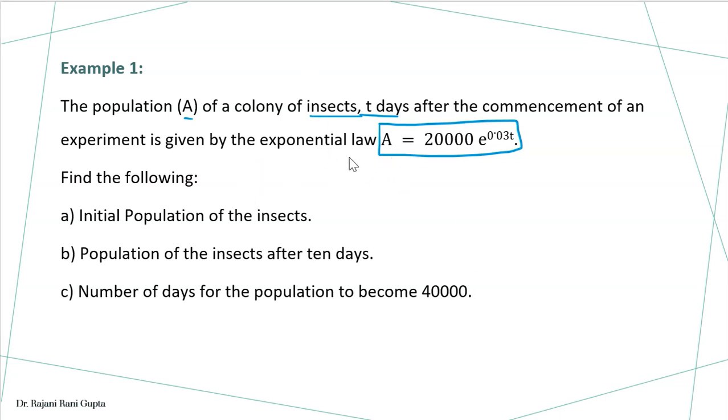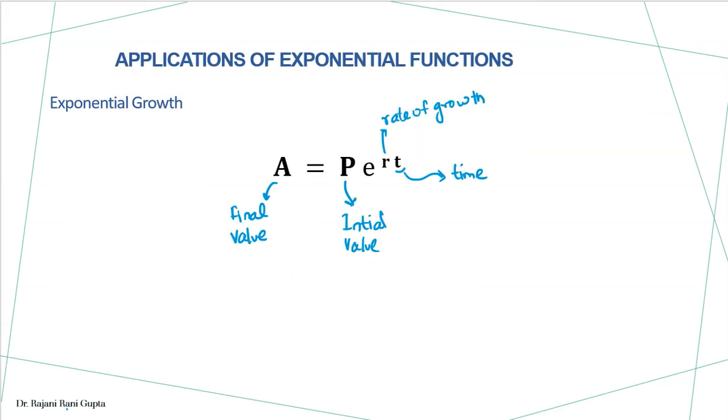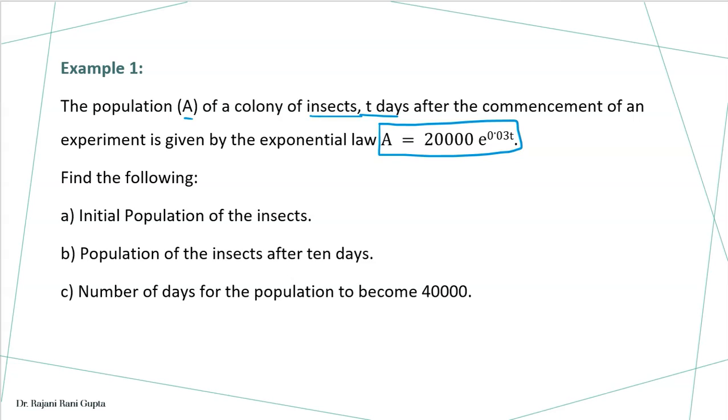For that, we will compare our A with the standard equation of the exponential growth function. Let's write it down. We have A equals P e power rt. If we compare, in place of P we have 20,000, t is the same, and in place of r we have 0.03.